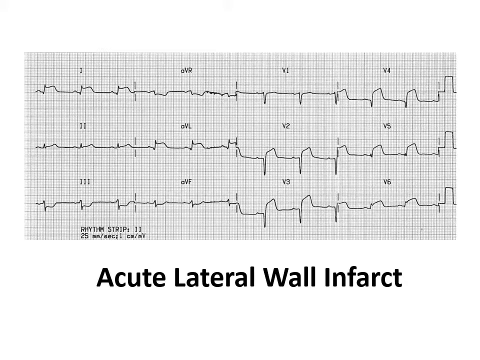The inferior leads, 2, 3, and AVF: well, 2 looks okay, 3 and AVF have ST depression. V2, 3, 4, 5, and 6 have big ST elevations. And so 4, 5, and 6 in lead 1 are lateral wall. They have a huge lateral wall infarct.